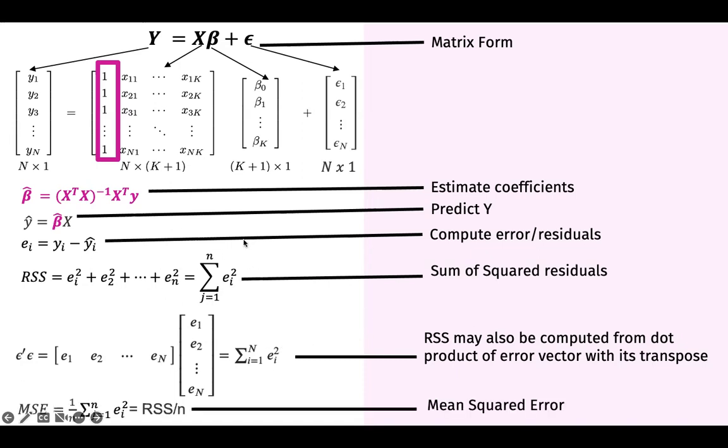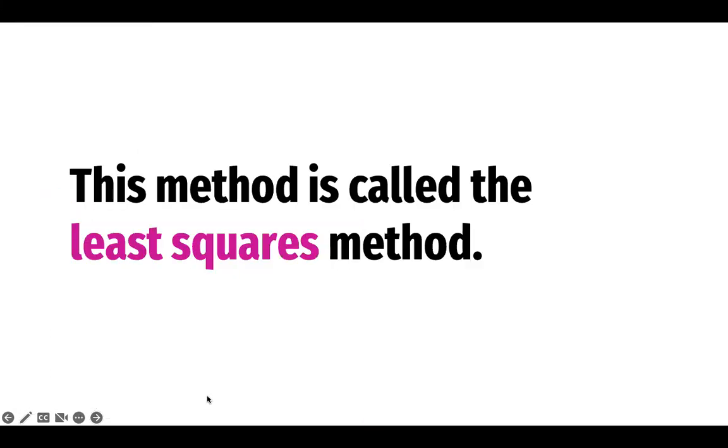And now the mean squared error is simply the RSS divided by n, the number of samples. Now, this method is called the least squares method, a closed form method that is estimated from the data itself. So it does not change. It will only change if there are differences in the data set.